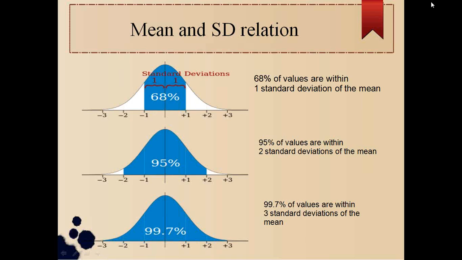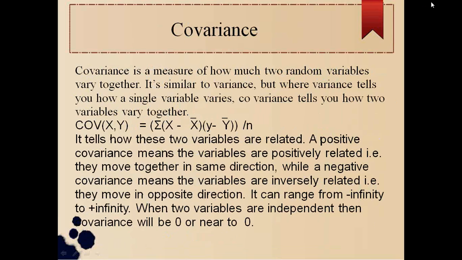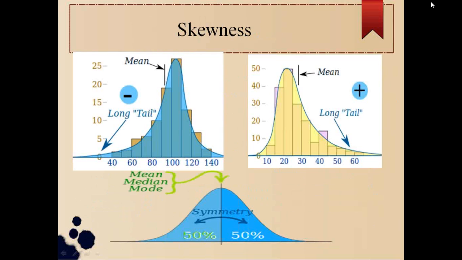If it is not, then it might be skewed. That is, this peak might be shifted to left or right. So we call it a skewed distribution. I will give you an example. In this scenario, the peak has been shifted to the right side.